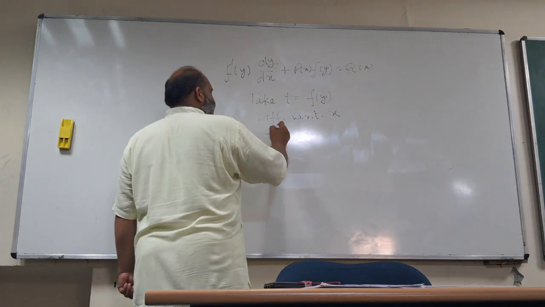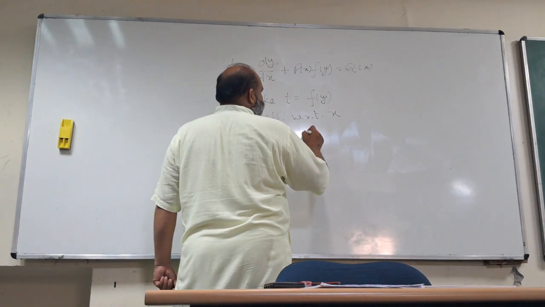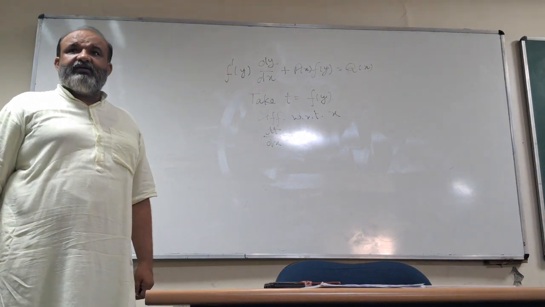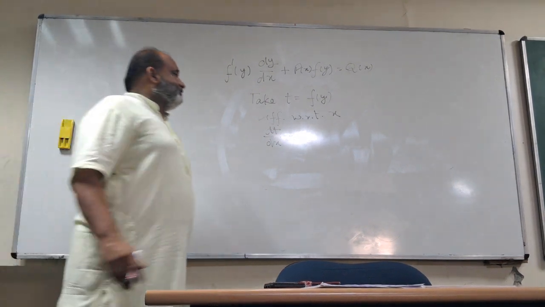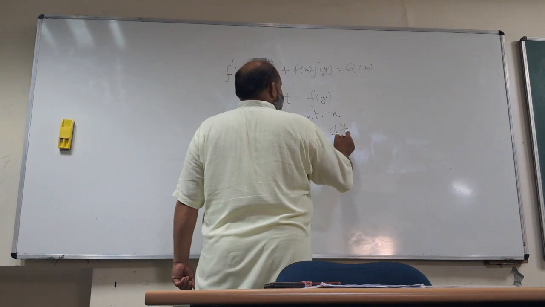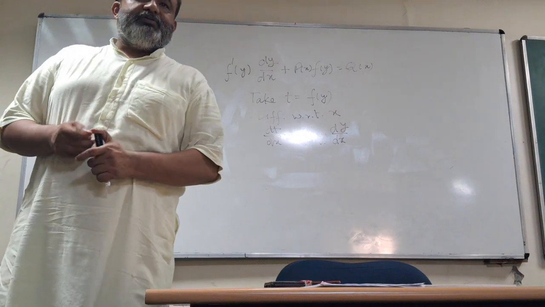I shall have dt upon dx is equal to, for f y this will be f dash y, the derivative with respect to y, and for y this will be dy upon dx. Is it okay?